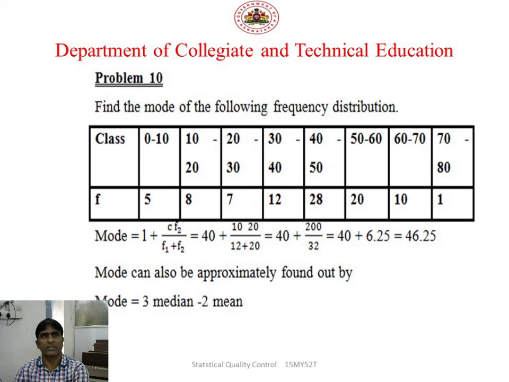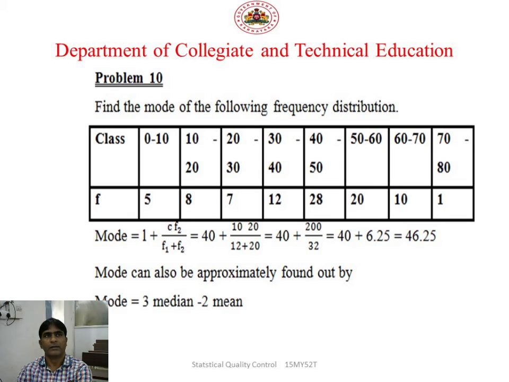The model class is the one which is having the highest frequency. What is the highest frequency? Here it's 28. So that is your model class. We call the class pertaining to the highest frequency, 40 to 50, our model class.